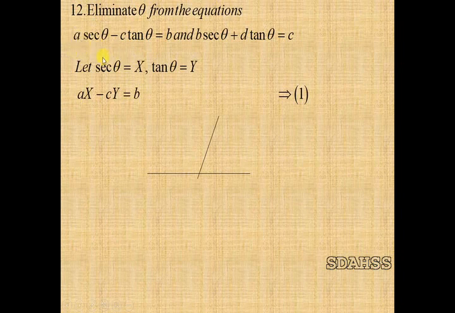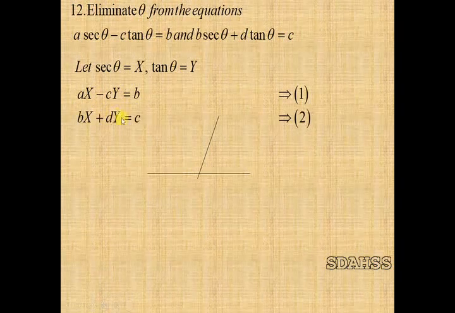So the equation becomes ax minus cy is equal to b. Mark it as first equation. Then bx plus dy is equal to c. Mark it as second equation.